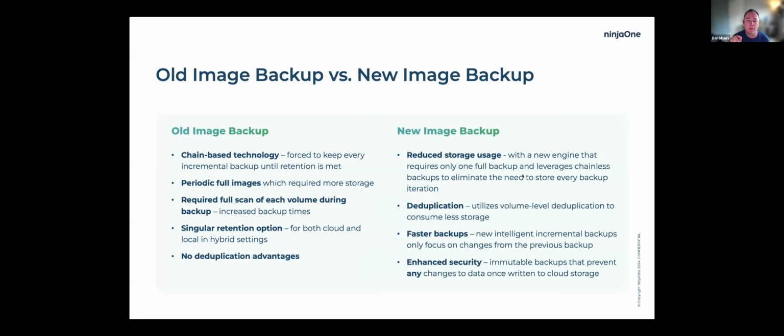Now, this is really valuable because in our last system, we talked about having to keep every single point. If you compare our old image system where you're attempting to keep 2 months of backups, that's at minimum 60 backup points that you're going to be keeping, right? Now, with our new system, let's say you want to keep 6 months, so 4 months extra than our example on the old system.